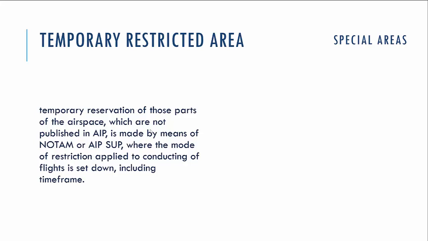You can't find those areas on the aeronautical charts, or the information on those areas is not published in the Aeronautical Information Publication, but you can find the information about the activity and dimension of those zones in NOTAMs or supplements of the Aeronautical Information Publication, and plan your route according to this information.